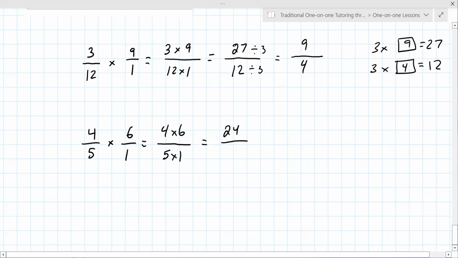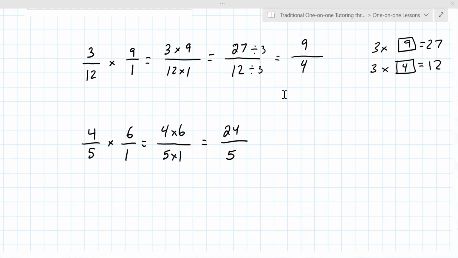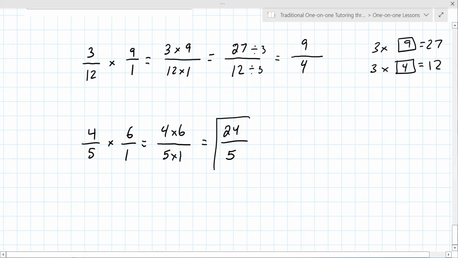Okay, and on the bottom? 5 times 1 is 5. Very good. So now you have to ask yourself, is there a number that goes into both 24 and 5? No. This one's actually good, just like this.